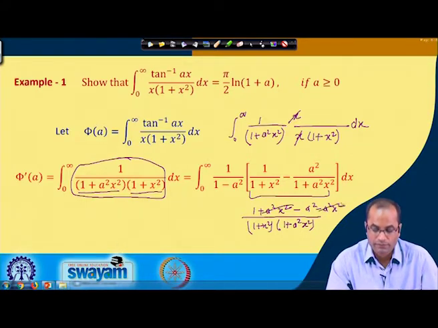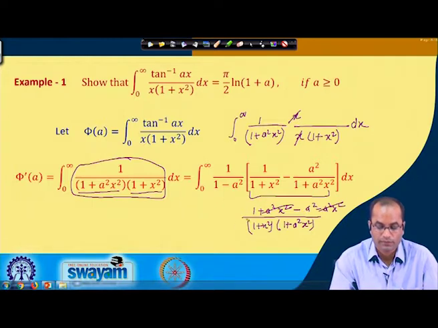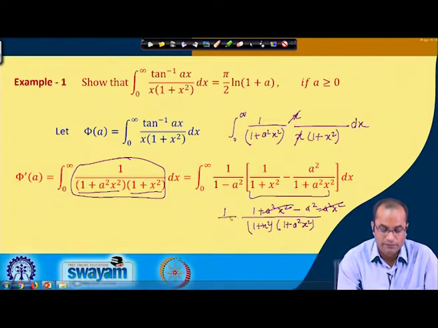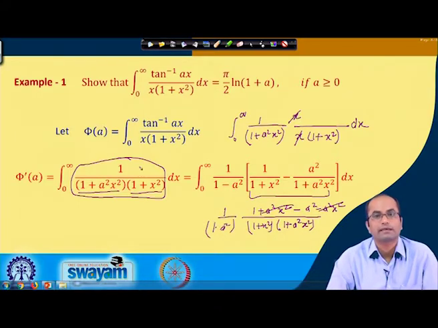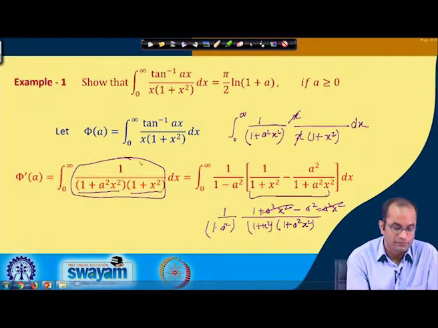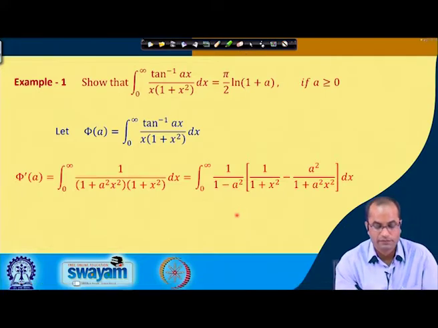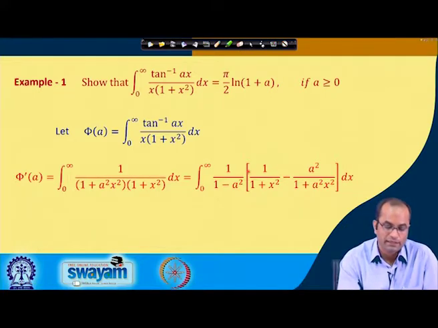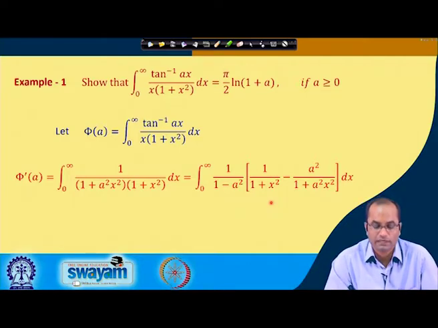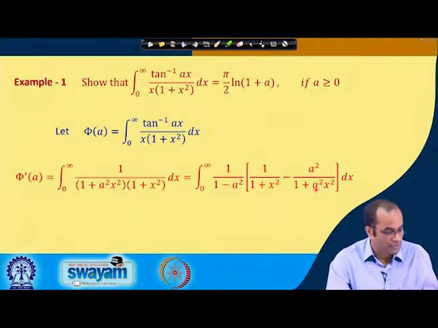So, this will be cancelled. So, we have 1 minus a square, and to balance this we need 1 minus a square there. So, this will also be cancelled, and we will get exactly the integrand of this integral. So, this is fine. With this partial fractions, we can now easily integrate this. The first integral, 1 over 1 plus x square, gives tan inverse x, and in the second case also we have tan inverse(a x), divided by a.